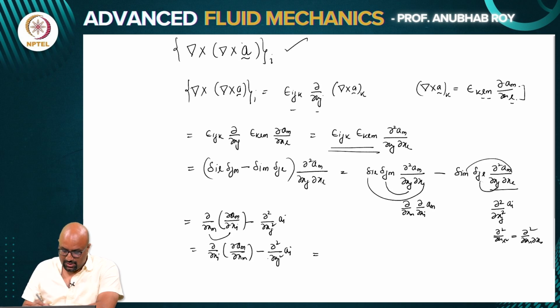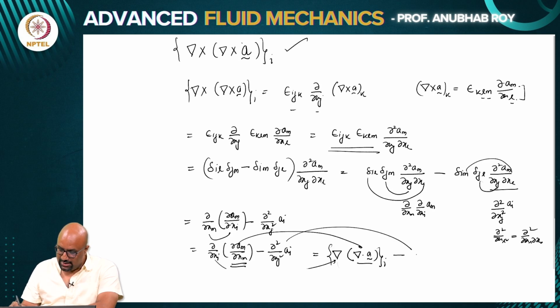Now, if you look at these two terms, the first one is actually a gradient of a divergence. The term inside the bracket is actually a divergence, and what you have outside is a gradient. So, divergence of a vector is a scalar, gradient of that scalar gives you the vector. So, this is the ith component of gradient of a divergence, whereas the second term is actually a Laplacian of a vector, that ith component.